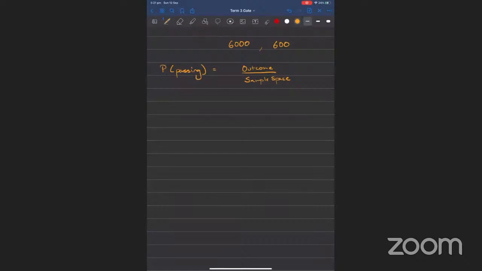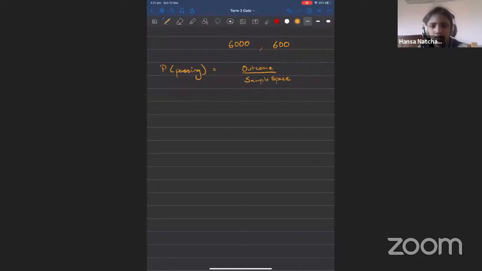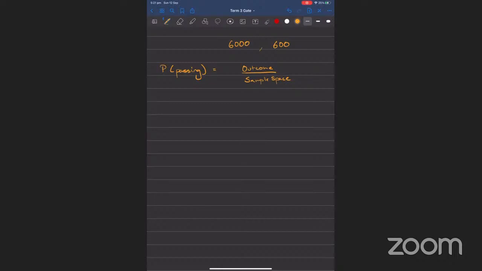And what's the sample space? Let's see, Neelambury. Do you remember what sample space was? Pav? What's sample space? Do you remember?